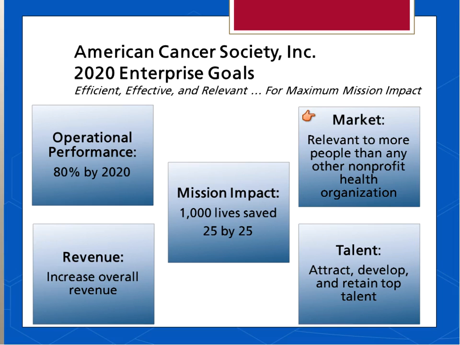In market, to be relevant to more people than any other nonprofit health organization, effectively engaging all stakeholders to deliver the greatest impact. And in talent, we want to attract, develop, and retain top talent to positions in the society as the leader in the nonprofit sector in which to work and to volunteer.